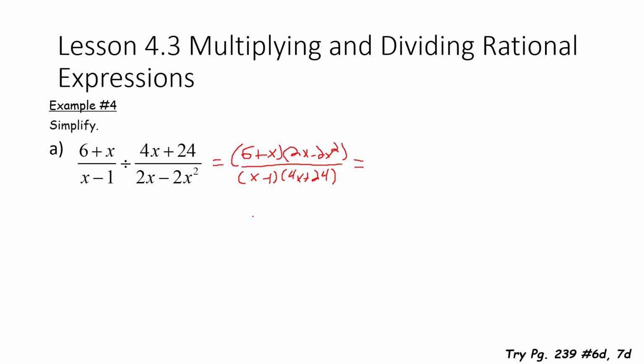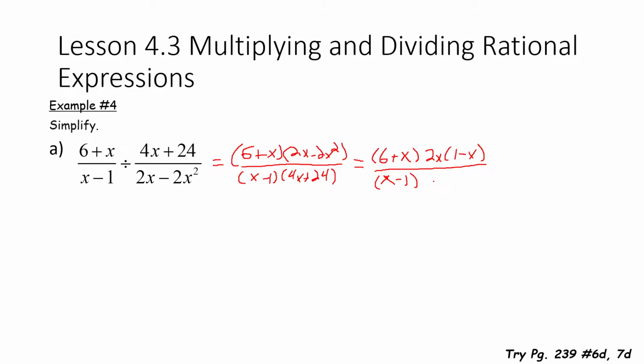Take those values and factor out whatever you can. 6 plus x stays as 6 plus x. From 2x and 2x squared, we can pull out 2x, and we'll be left with 1 minus x all over x minus 1. And then there's nothing shared between those two.